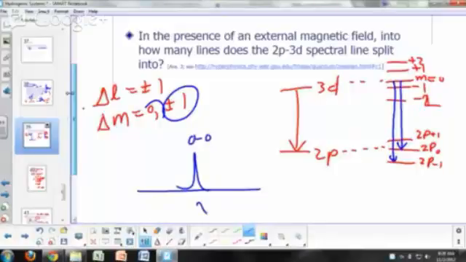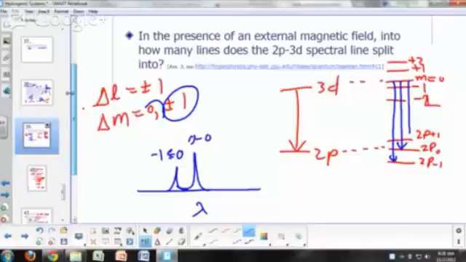So if this was wavelength right here, from 0 to negative 1, that would be a bigger delta E. That would show up in a shorter wavelength right here. Okay, so this is 0. Usually you write the upper quantum number on the right and then draw a left arrow. So 0 to negative 1 would go there.